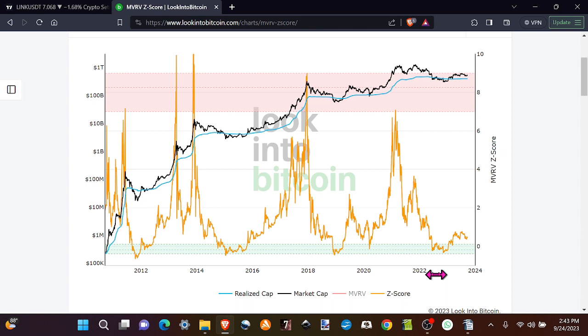But statistically, and relatively speaking, according to historical market cap and Z-scores and values, any dip would be a dip for purchasing. And the lower it goes on this dip, the better, right?